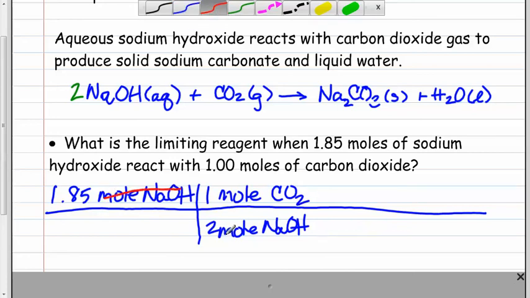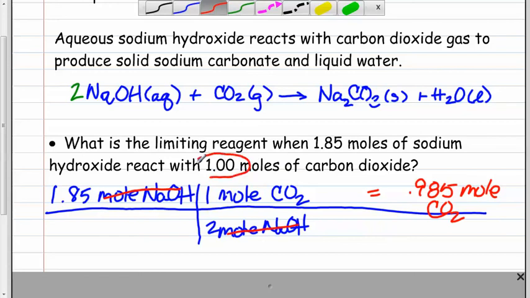So what this conversion factor is telling us is that for every 1.85 moles of sodium hydroxide used, we would need 0.985 moles of carbon dioxide to completely react with it. Now you have to go back and look at what you were given.